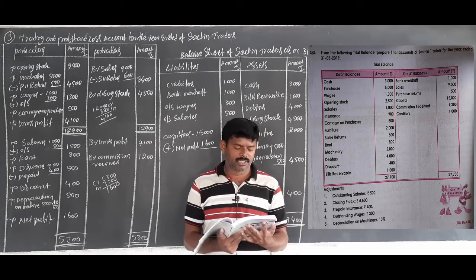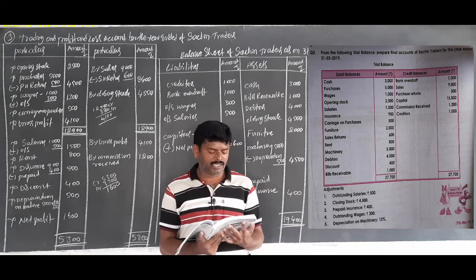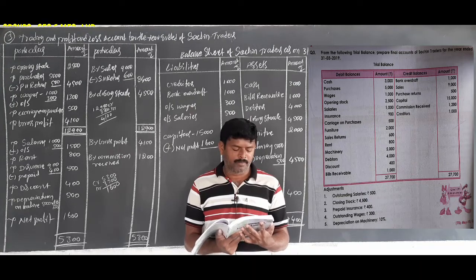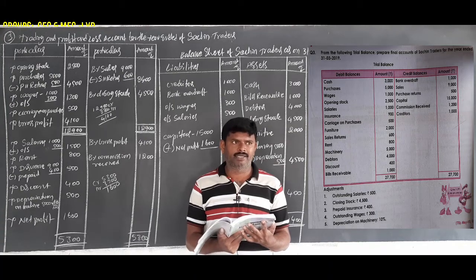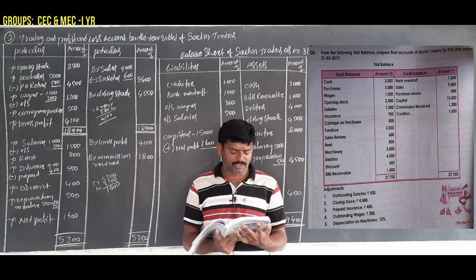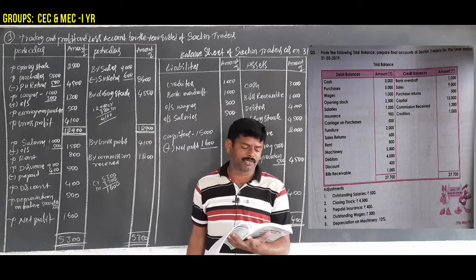Cash, asset side; purchases, trading account debit side; wages, trading account debit side; opening stock, trading account debit side; salaries, P&L account debit side; insurance, P&L account debit side; carriage on purchases, trading account debit side; furniture, asset; and sales returns, they must be deducted from the sales on the credit side; rent, P&L account debit side; machinery is an asset and must be on the asset side; debtors, asset side; discount, P&L account debit side; bills receivable, balance sheet asset side. This is about the debit aspects of the trial balance.